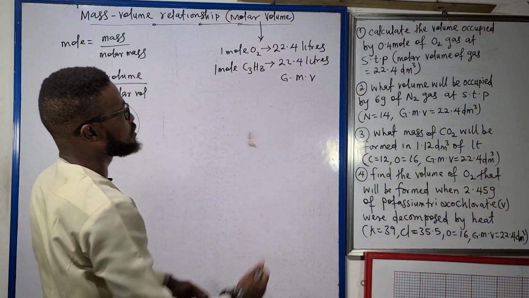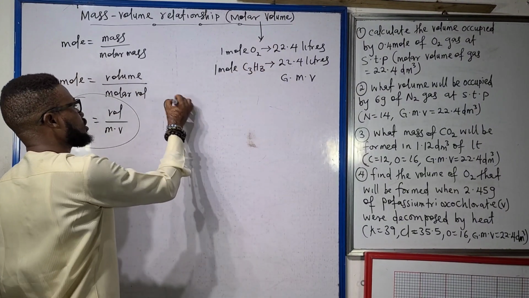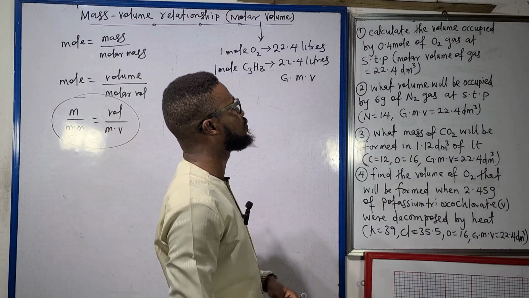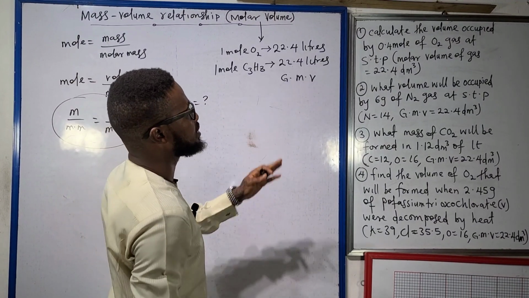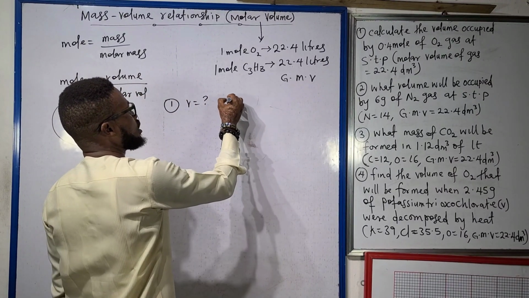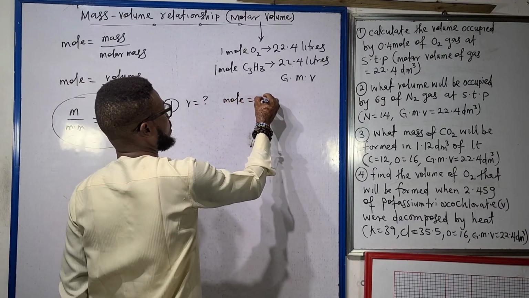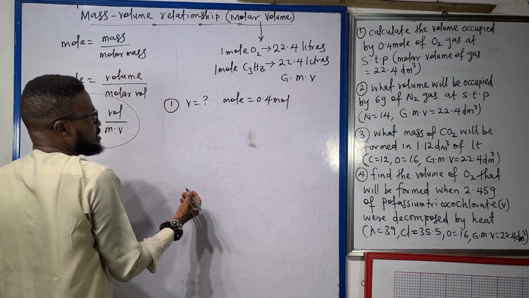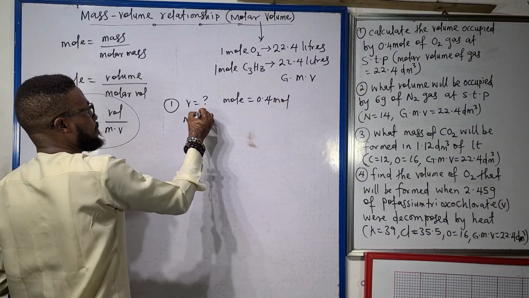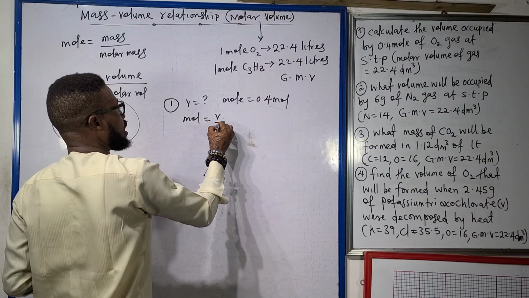Okay, let's move into solving questions. The first question says calculate the volume occupied by 0.4 mole of a gas at STP. Very simple. We know that mole equals volume over molar volume.